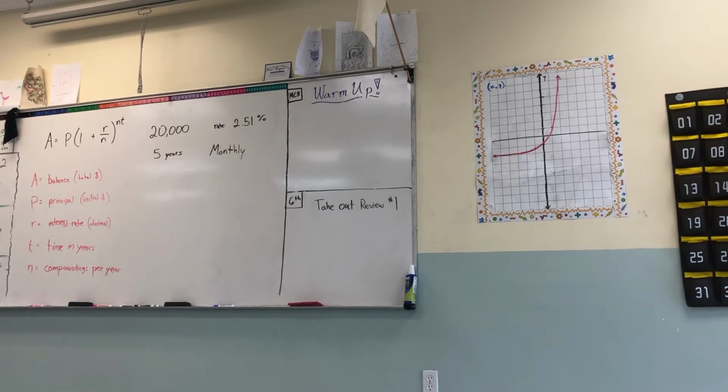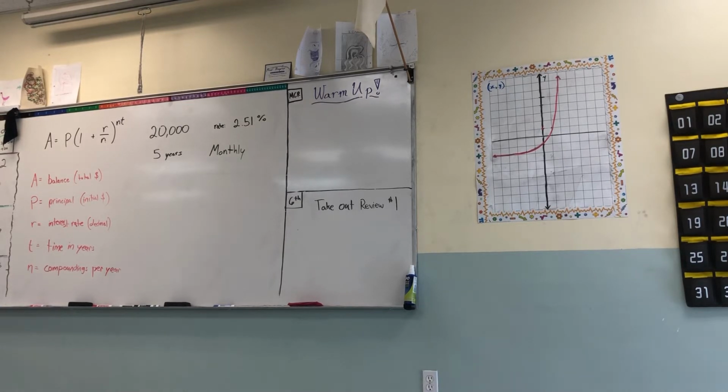P would be 20,000, right? It would be 20,000. You know how to do it, John? I got this. 0.0251, because it's a percentage.